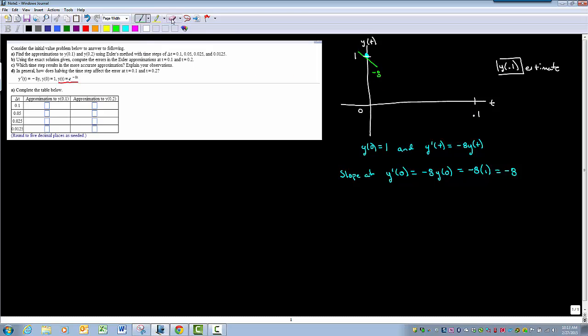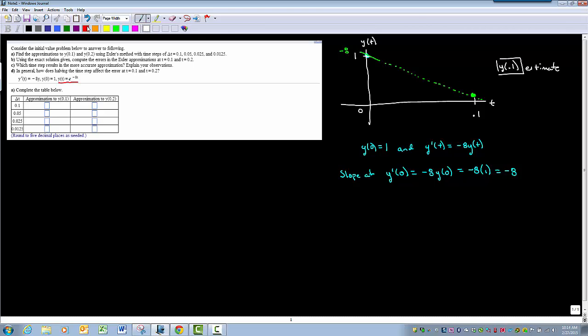Let me draw this out a little bit better. The slope here is negative 8, and if I extend this straight, what I'm going to use is this point right here as an estimate for the actual function.